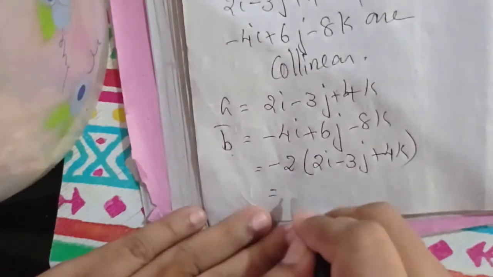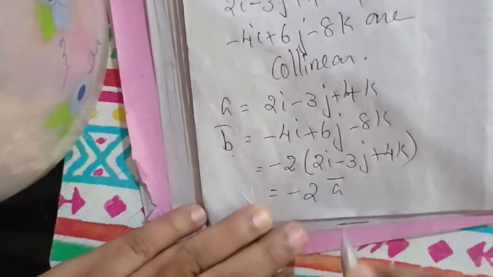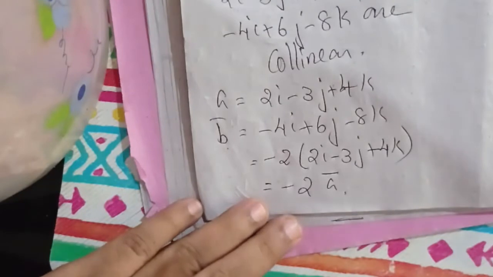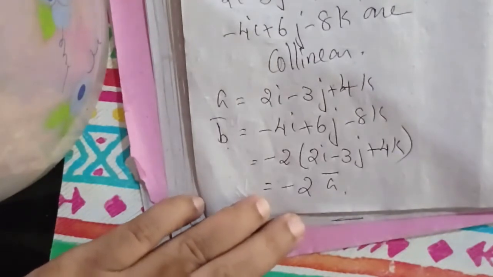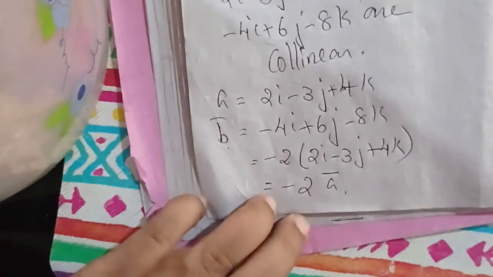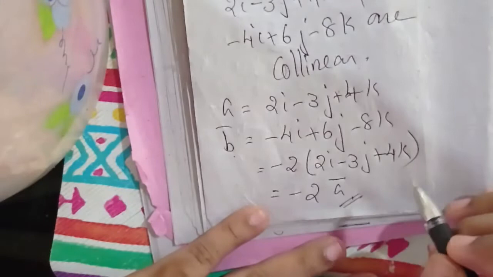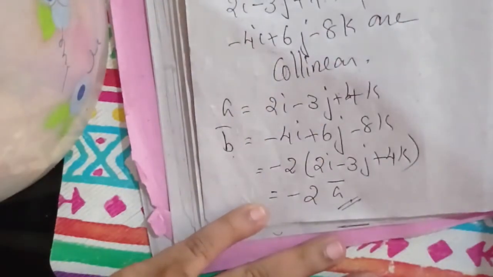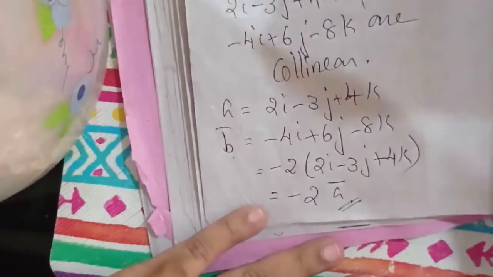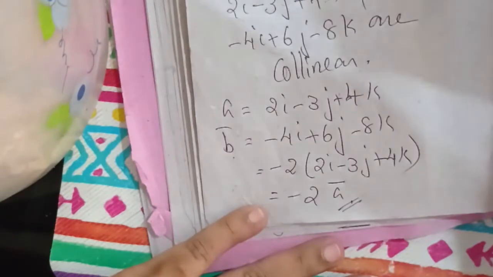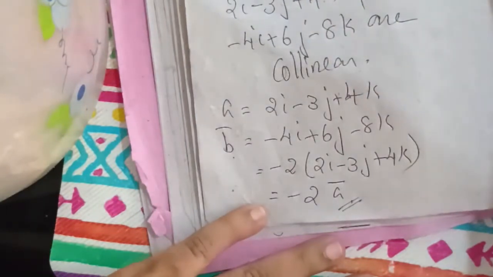We can write this B as minus 2 into vector A. If one is the multiple of the other, then we can say that they are collinear vectors. Very important. Collinear vectors means one is the multiple of the other.